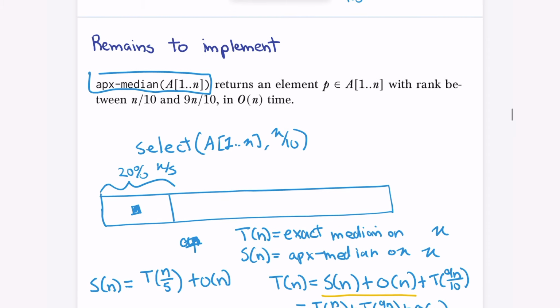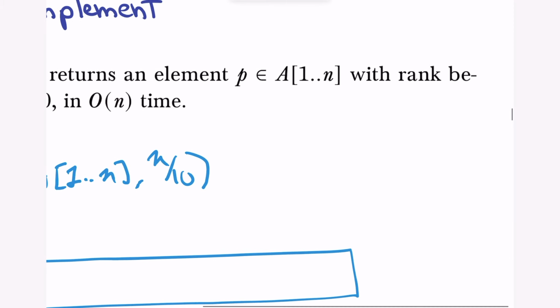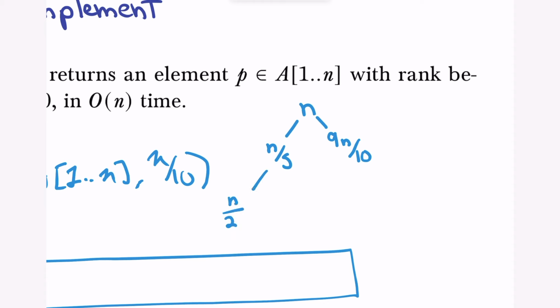And one thing that's going to be a little tough, I'll work in a smaller space, is when I start writing the recurrence tree, I'll get one problem of size n over 5 and another problem of size 9n over 10. And then down here, I'll get like n over 25, and I'll get 9n over 50, 9n over 50, and 81n over 100, and so forth.